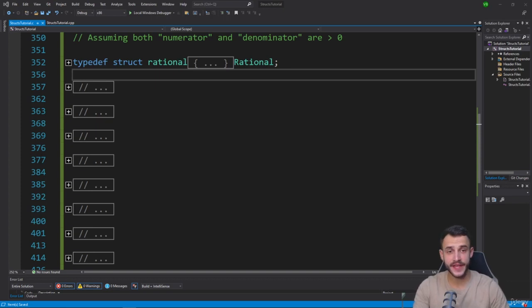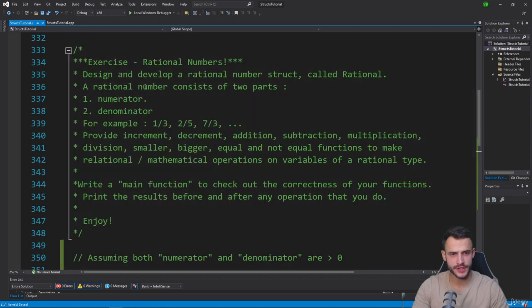And in this video we are going to solve this amazing and kind of long exercise about rational numbers. Okay, so that's what we are going to do. Here are the instructions: write down a struct called rational, and this struct should basically represent a numerator and a denominator.